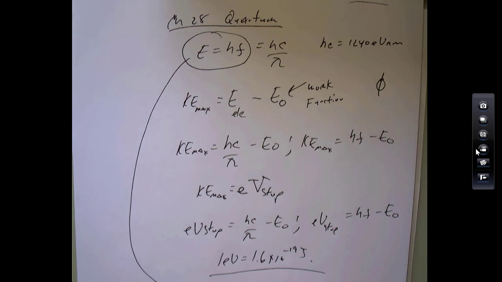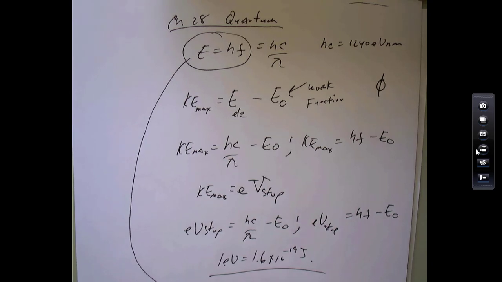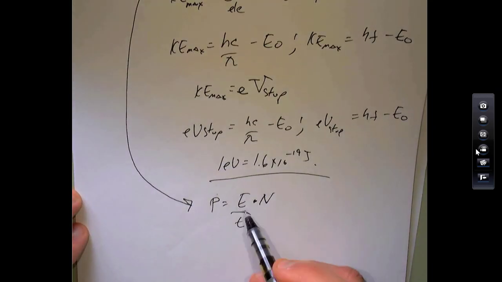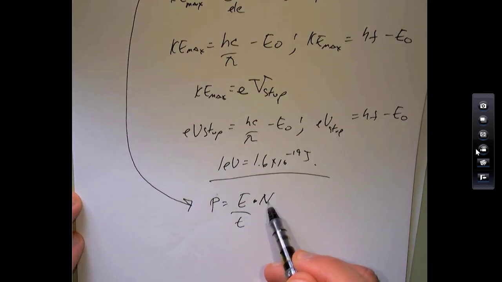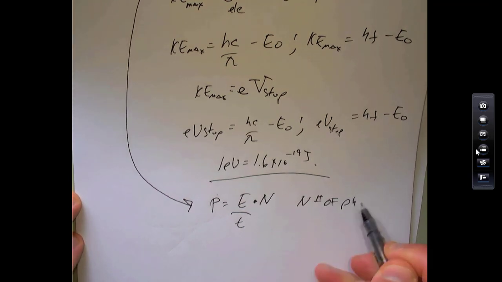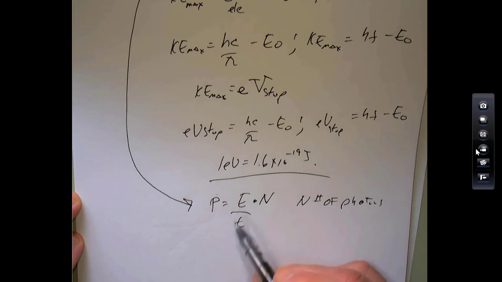The power would be the total amount of energy divided by the amount of time. So if you know how much energy one photon has, multiply it by the number of photons, then divide by the amount of time.